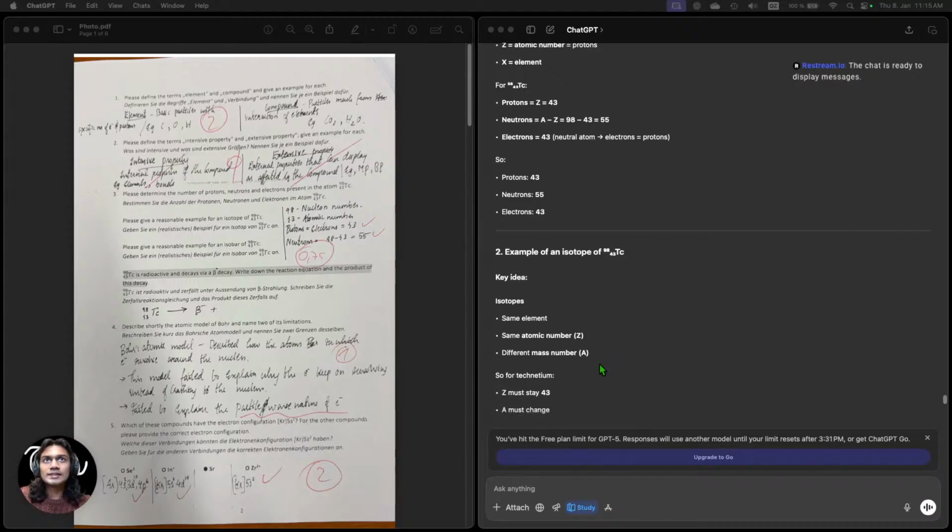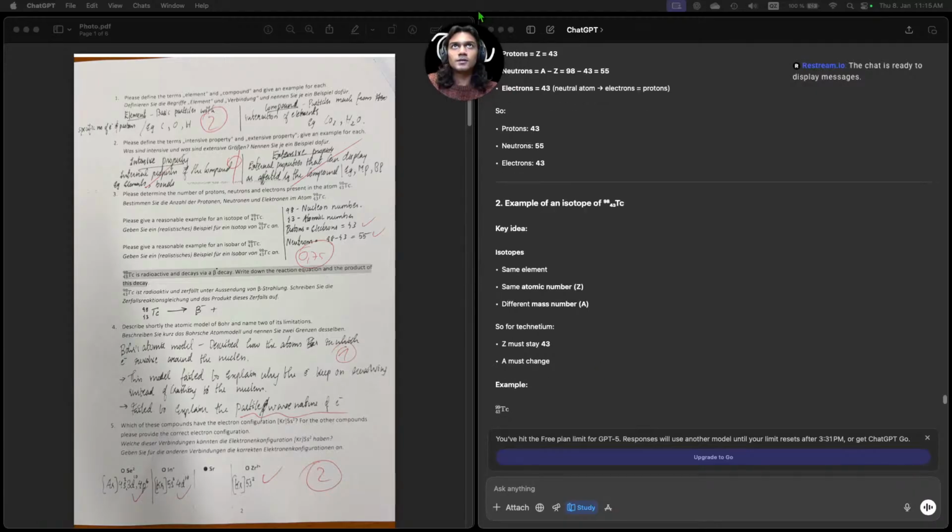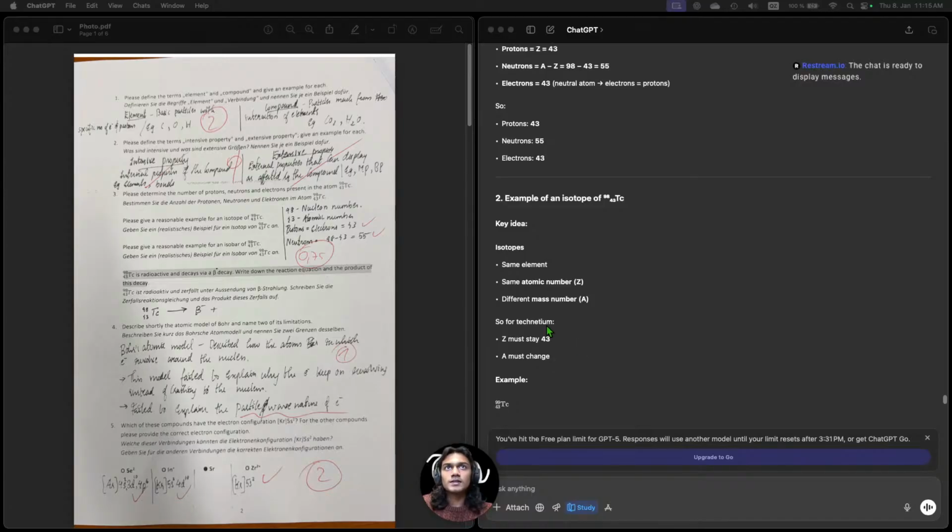So for technetium, Z must stay 43. A must change.